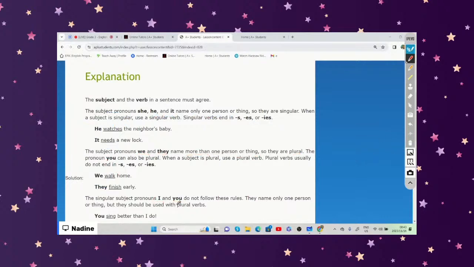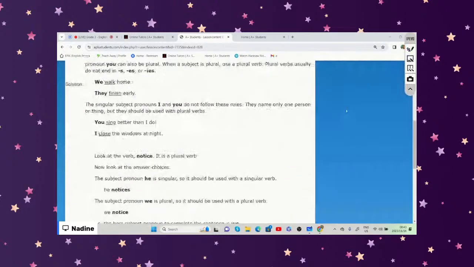If we look at this example, you sing better than I do, as much as you refers to one person, it says sing better than I do.